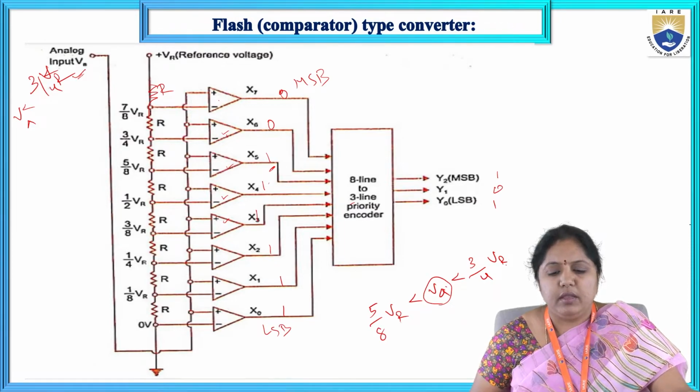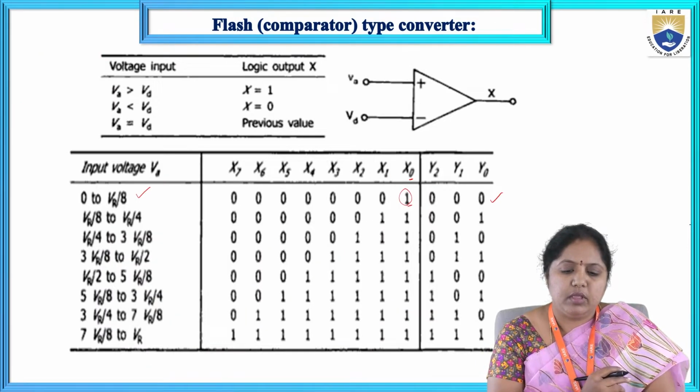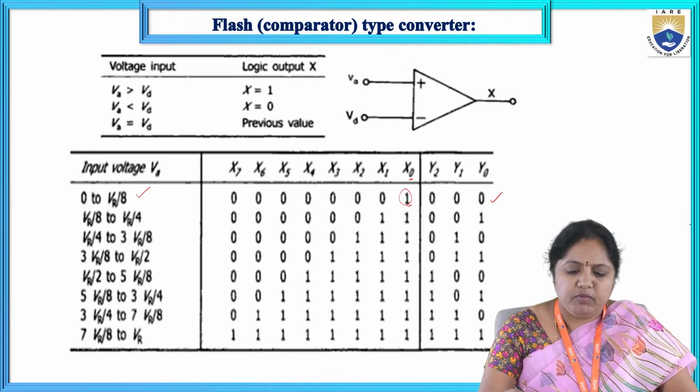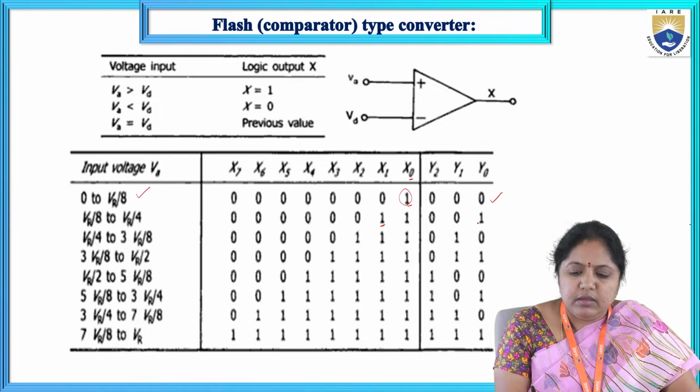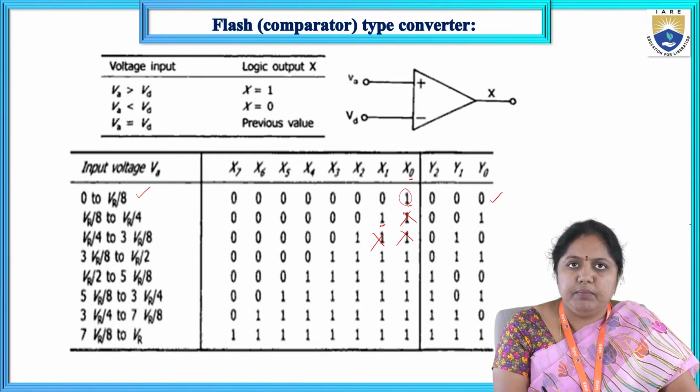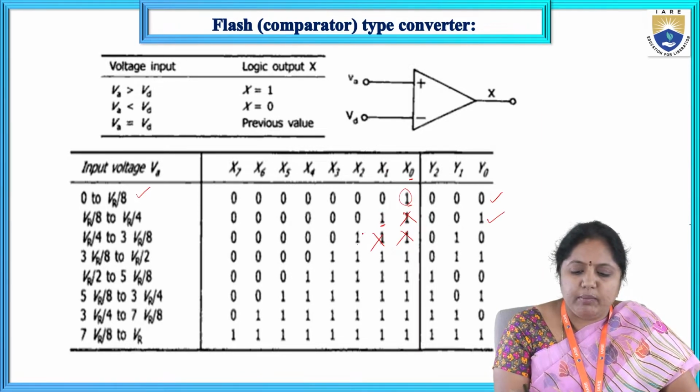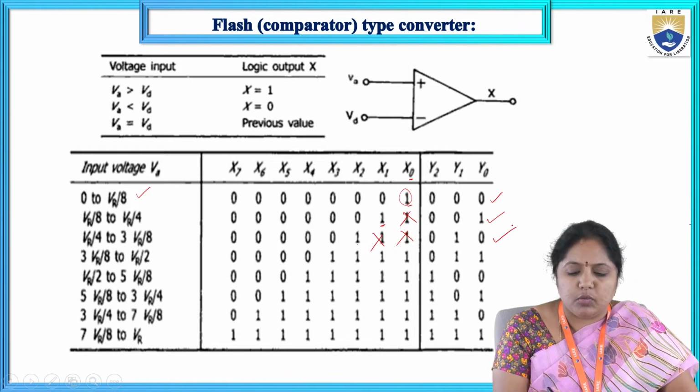So now if I show the table here, this is the truth table format of the flash type comparator. If you see here, X1 value equal to 1, it ignores whatever may be the value of the lower significant bits, it will give the priority to the MSB bit. So here X1 value equal to 1 generates 1. X2 value equal to 1, so that's why it has generated 0, 1, 0.